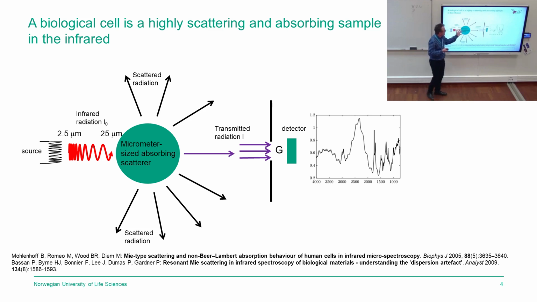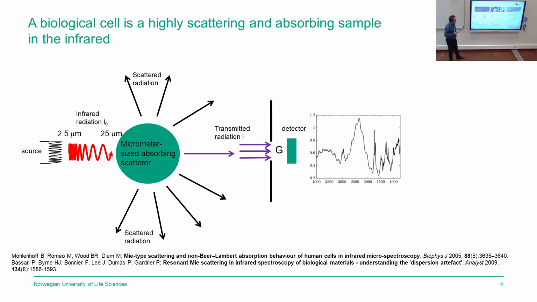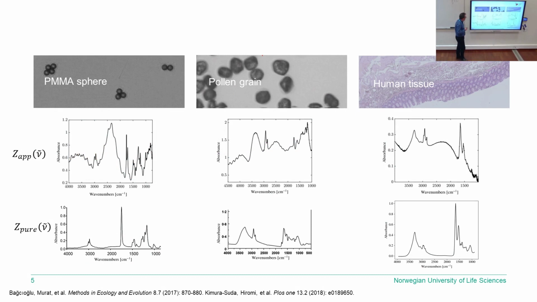Depending on the wavelength, you may lose radiation, with very interesting effects, which we tried to understand in the last years and use in the modeling. I'll show you some examples.